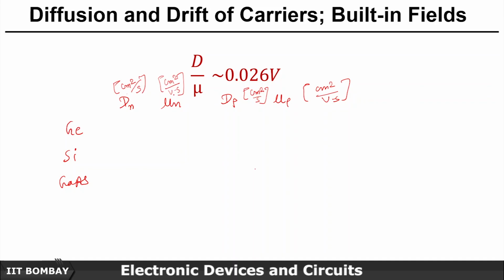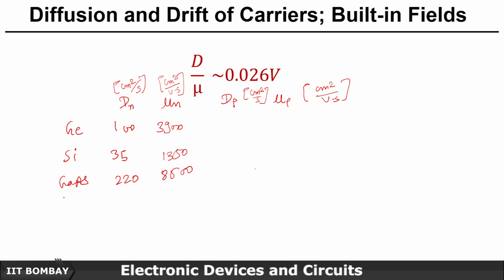Okay. For germanium it is, let us say 100, 35, 220, and if we talk about the mobility, which we already know, it is 3900, 1350 and 8500.